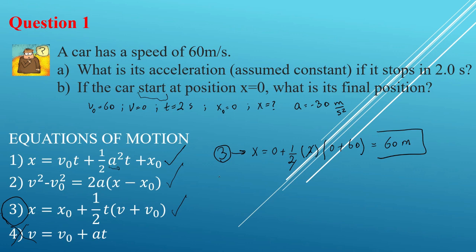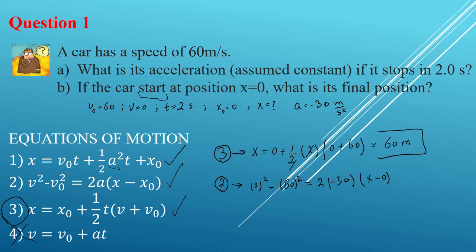Let's go for equation 2 and see what happens. I'm going to use that equation. So my final velocity is 0, right? And then minus my initial one, 60 squared, equals 2. I have to use my previous answer, which is minus 30, right? And then x minus 0.